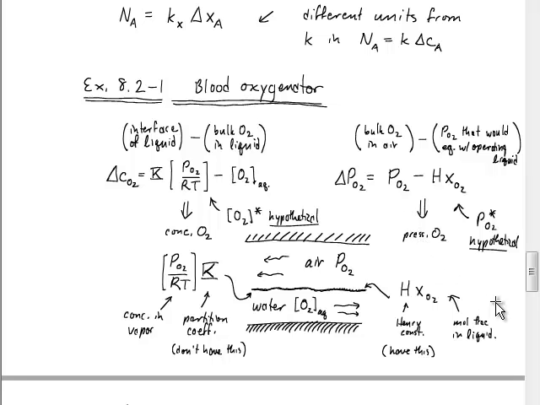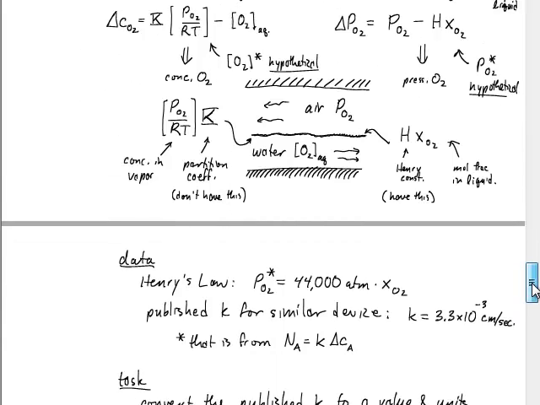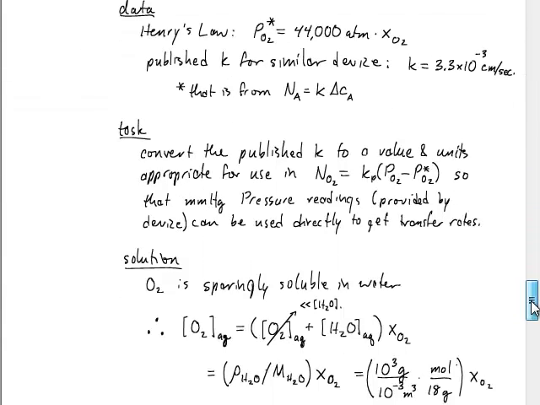Okay, so these are the kinds of calculations that are involved. Let's walk through this calculation and take a look at what kind of data we might be given. So suppose this oxygenator device comes with a Henry's law equation that tells you that the partial pressure of oxygen that would be in equilibrium with a mole fraction of oxygen in the liquid is just given by this conversion factor where you multiply this mole fraction by 44,000 atmospheres.